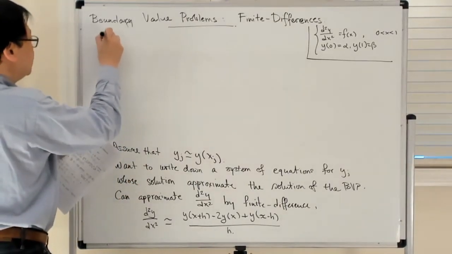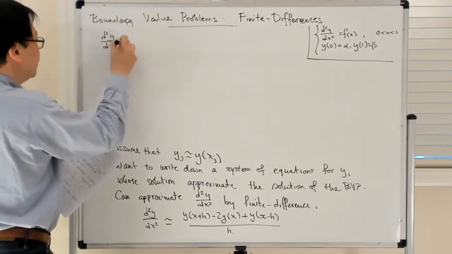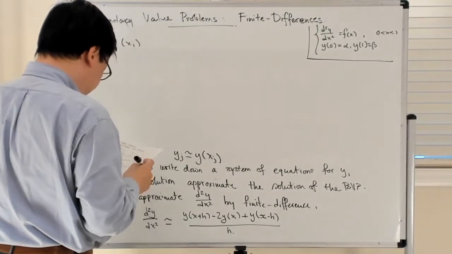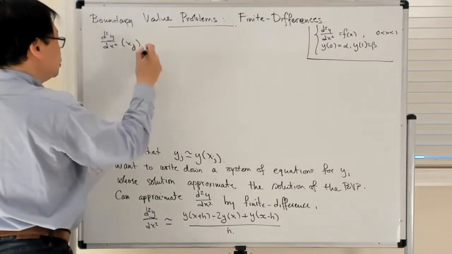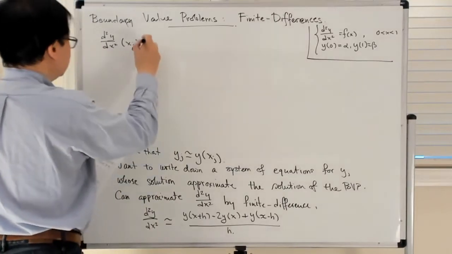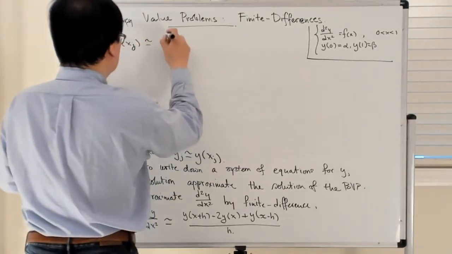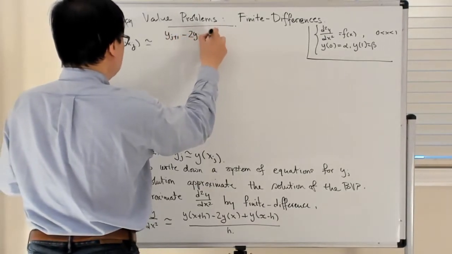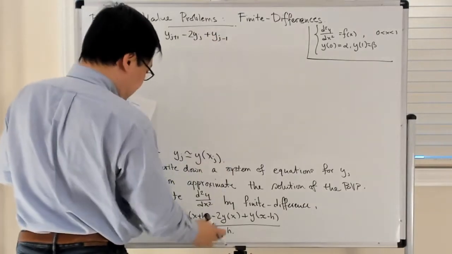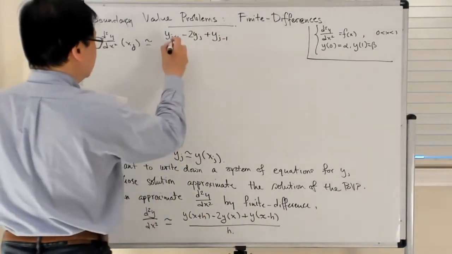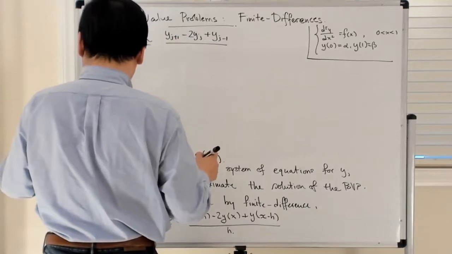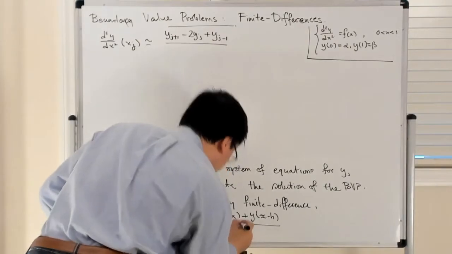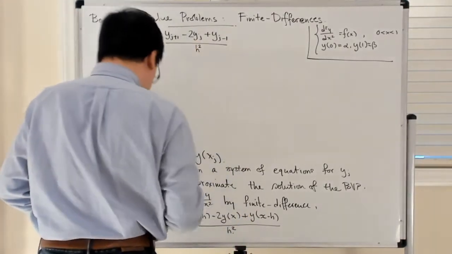So I'm going to have d squared y dx squared at the point xj approximately equal to y at j plus 1 minus 2y at j plus y at j minus 1, divided by h squared.